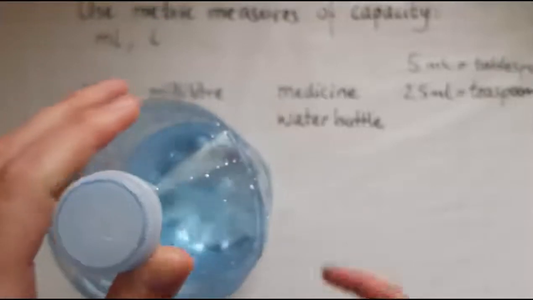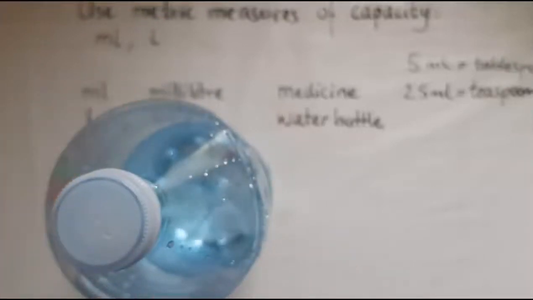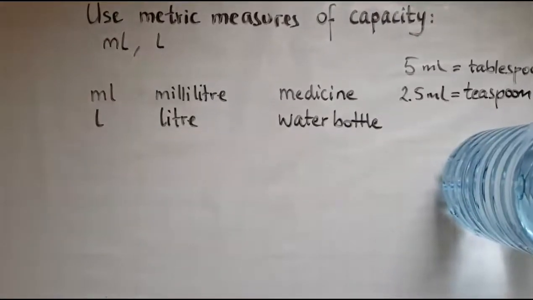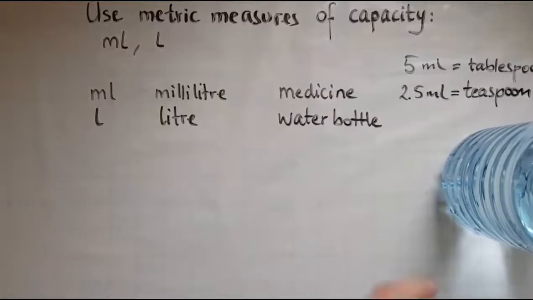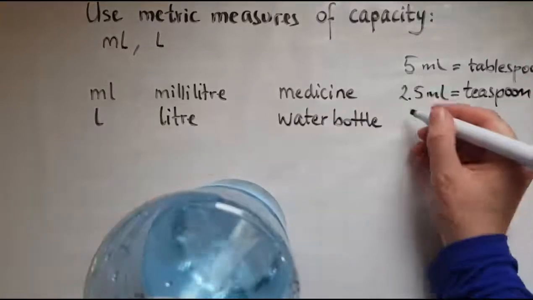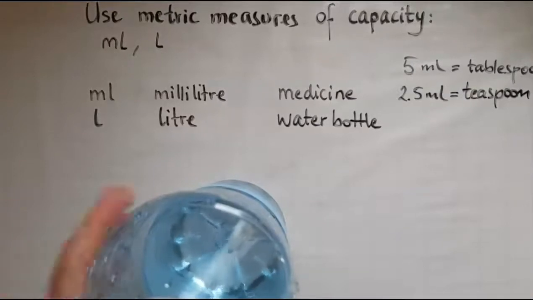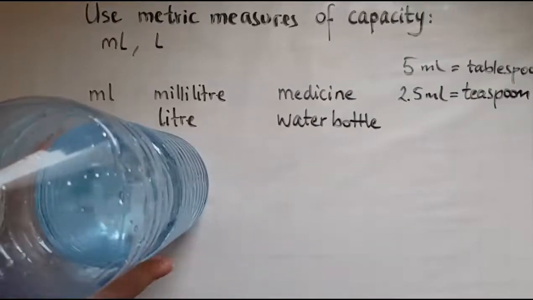So this is half full, and that makes 1 liter. That helps us remember as well. So a water bottle is about 1 liter.